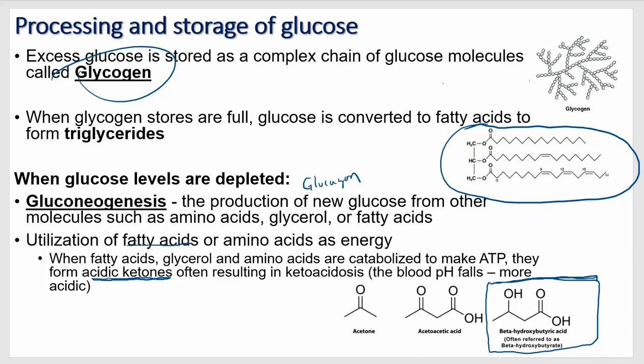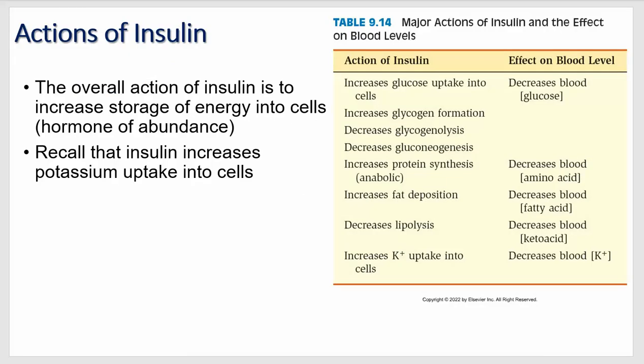Now, one of the problems with ketones is they are acidic, and they will cause the blood pH to fall. Low pH means acidic, so less than 7.35. Remember that our ketones are coming from starvation, where you don't have enough glucose, because we're going to come back and really talk about ketoacidosis later.